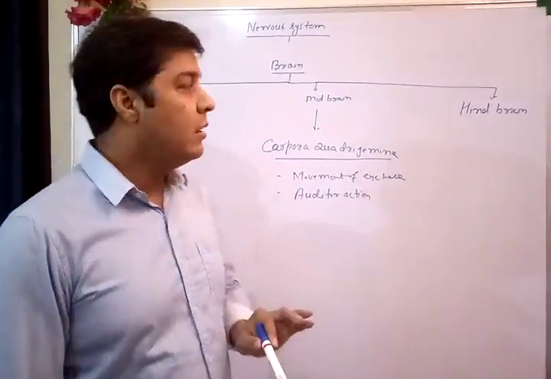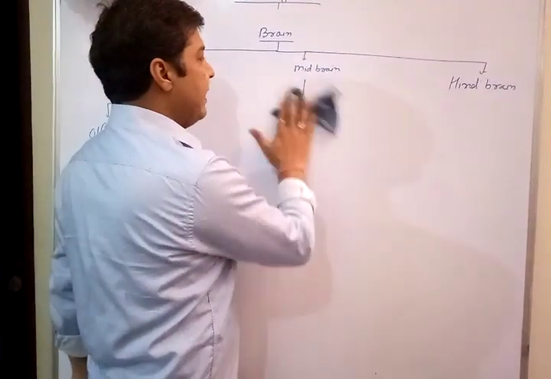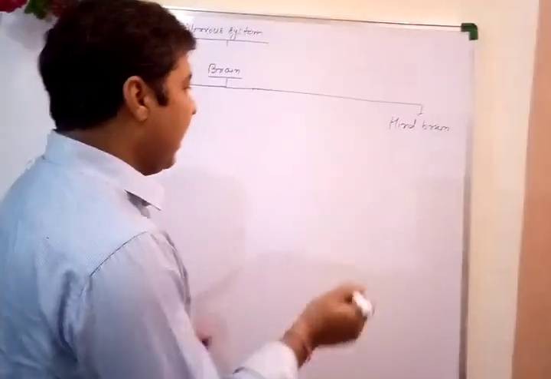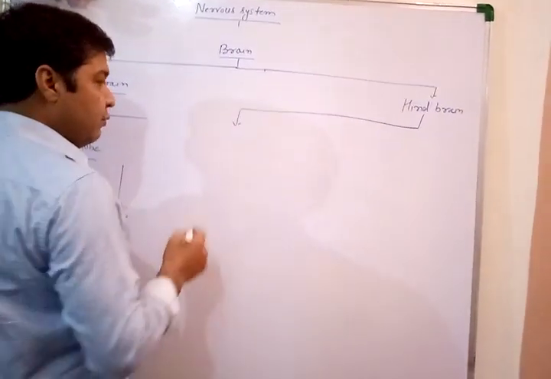That is very important. Now coming to the hindbrain, the part of the brain which is located at the posterior part. The posterior part is called the hindbrain. This hindbrain is made of three parts.